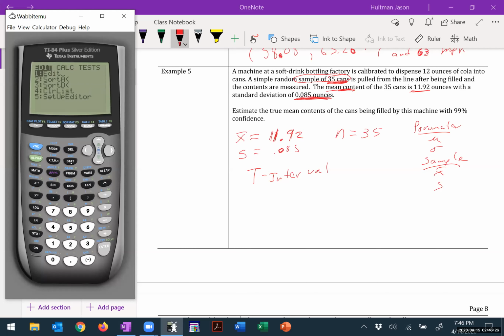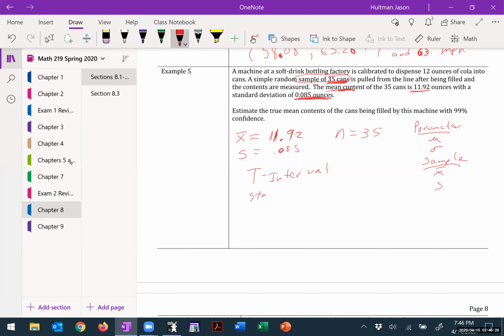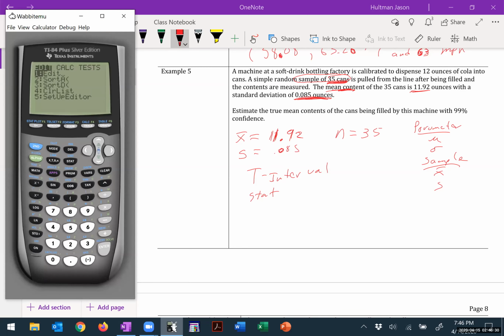We hit stat. I really need to find a way to not let that go away. Oh, you know what? Let me just be smarter than the average bear here.